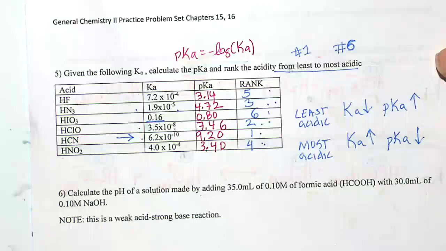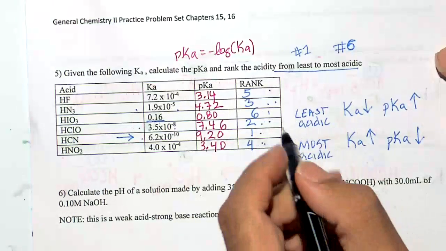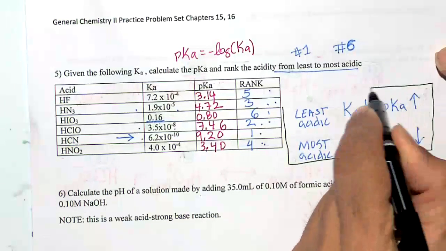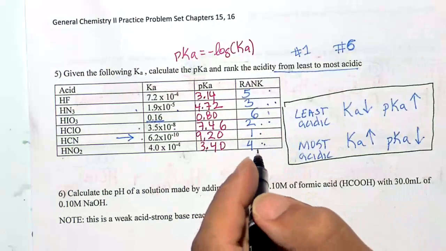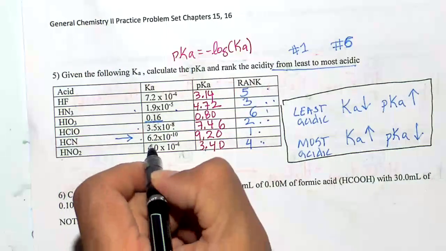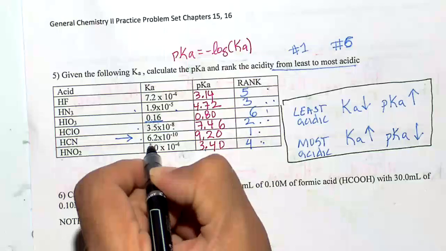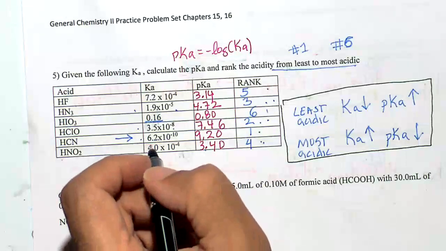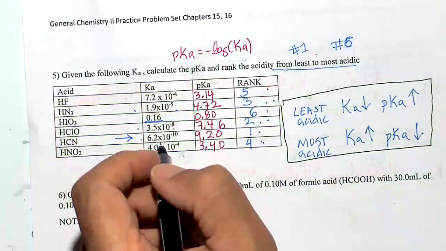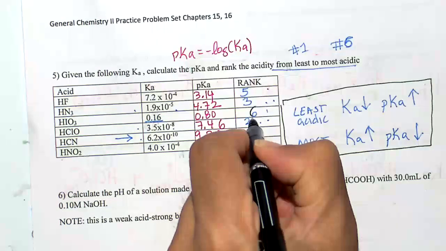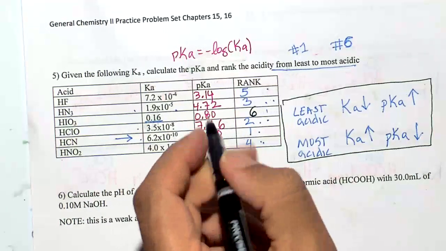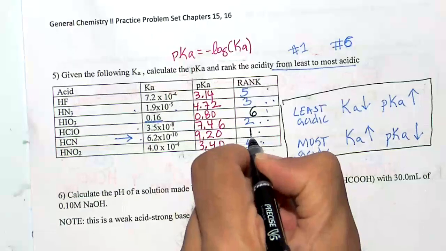Everyone understand this? Wouldn't HClO be lower than that one? No, this is it. Oh wait, I see it. So you want to go from the highest Ka, which will be number 6, the most acidic, and the lowest Ka will be least acidic.